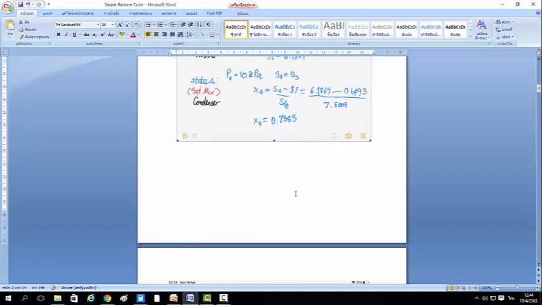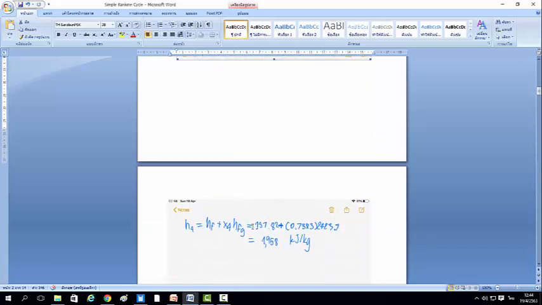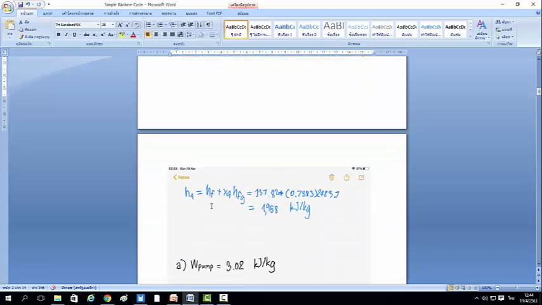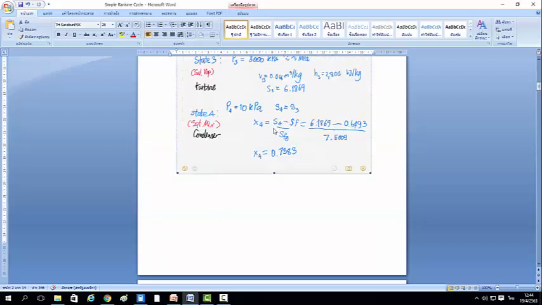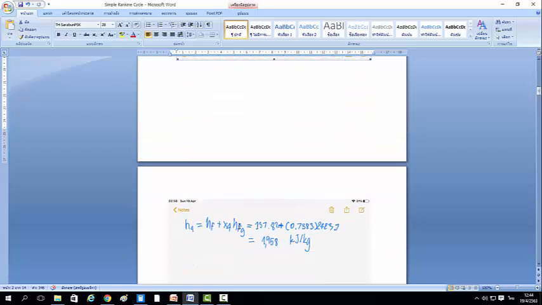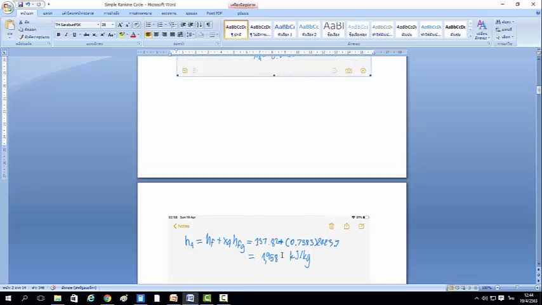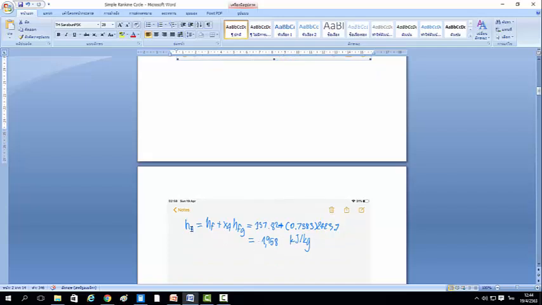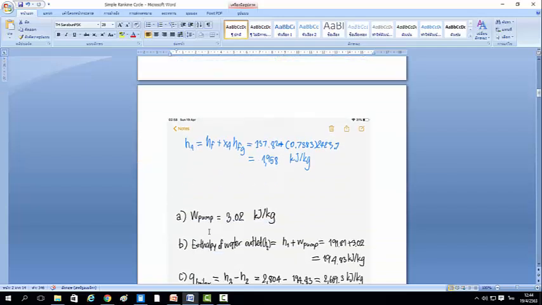After you get the quality, you have to find the entropy, and the entropy is the same as this. Just rewrite it a little bit so we can substitute the Sfg and S4 to get S4.